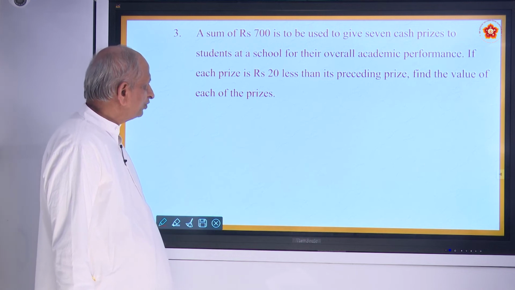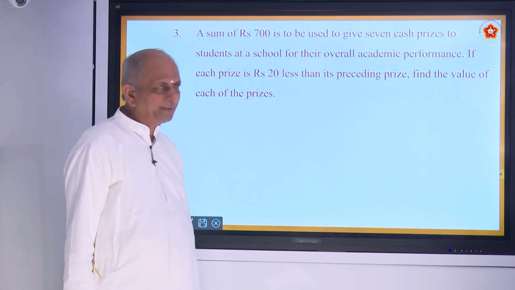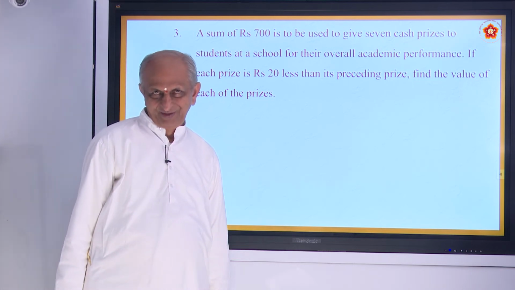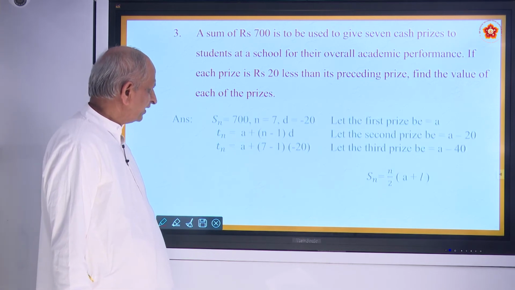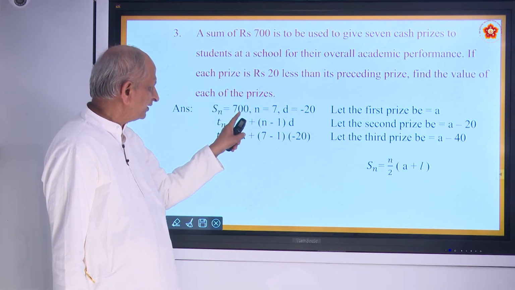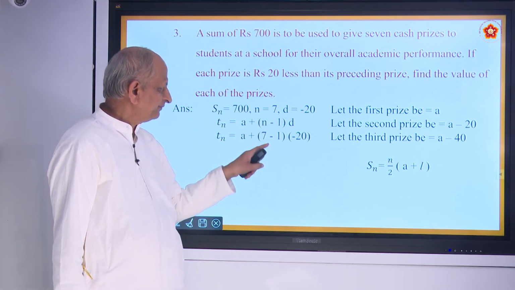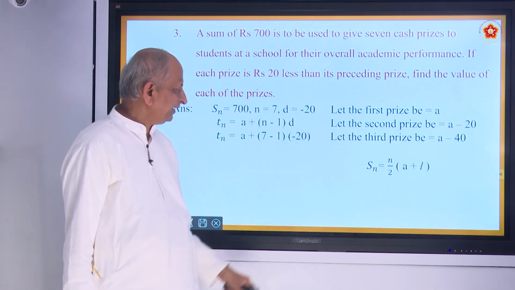So, let us see how to work out. The question is, find the value of each of the prizes. Here Sn is 700, the total amount is 700, the number of students is 7, and the difference of the two is minus 20.